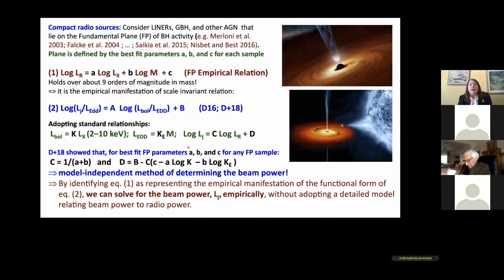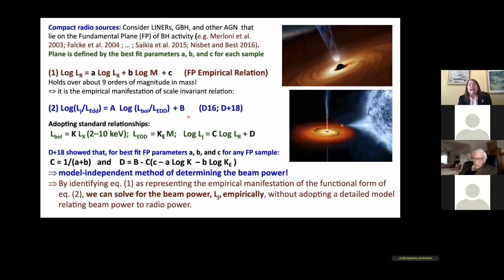So now you'll notice the expression for capital D includes this value capital B here. So in using this method to obtain beam powers for the fundamental plane sources, the value of B obtained in my 2016 paper has been adopted, okay?